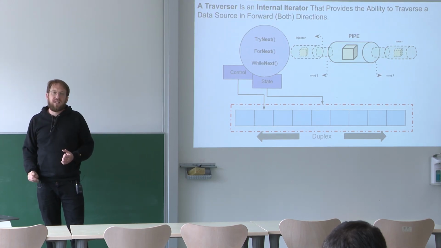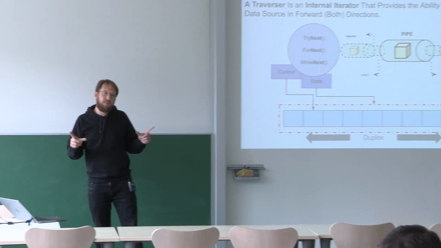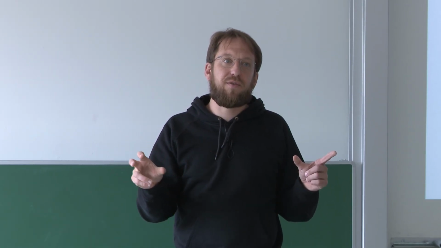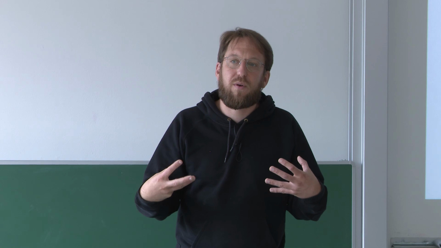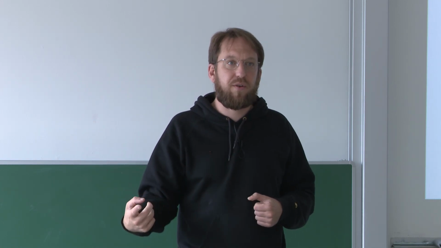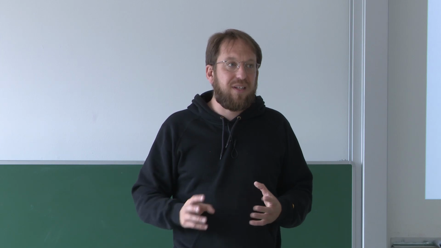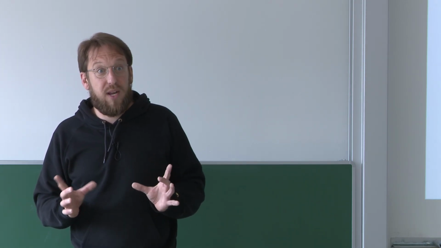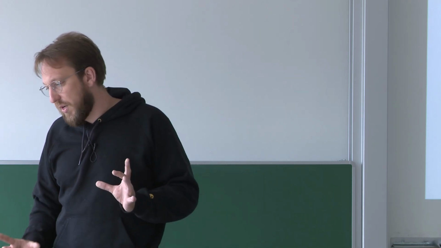But something like a for each loop that takes a lambda is an internal iterator. So you don't have control over the iterator from the outside. You just give it a lambda, tell it what to do, and it iterates over it, right? So that makes a lot of stuff transparent and hides complexity from the actual end user.